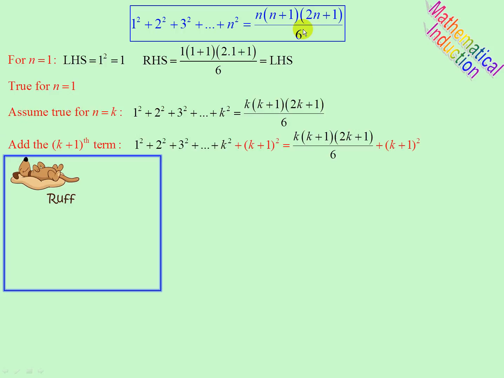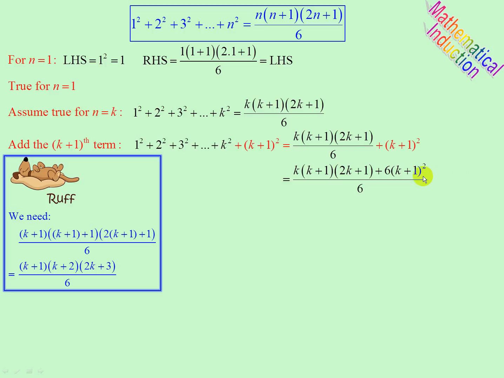We need to end up with that for k plus 1 on the right hand side. What I want you to note is that this is factorized, so don't take this and simplify. Yes, certainly, find a common denominator, we need that, but don't take this all the way down to just terms without factors, because we need it factorized, so stay that way.